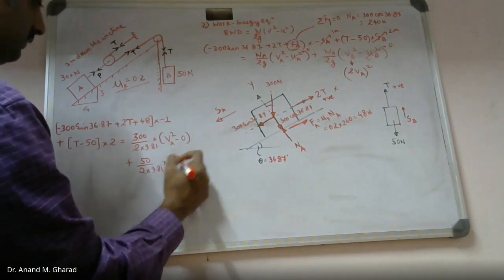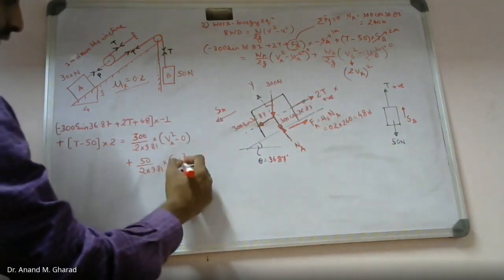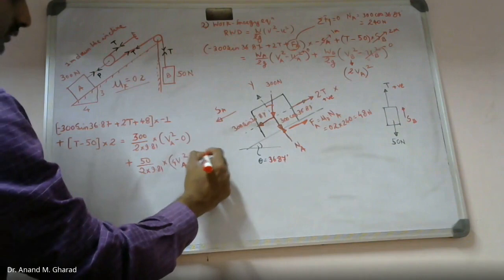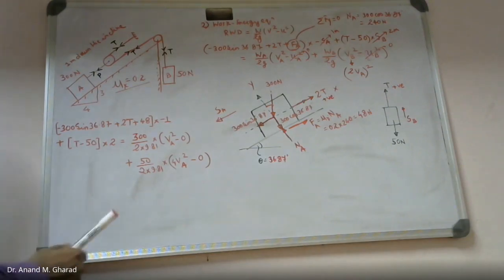Now over here it will become whole square. I'm sorry, 4 VA square minus 0. So you will observe one thing.